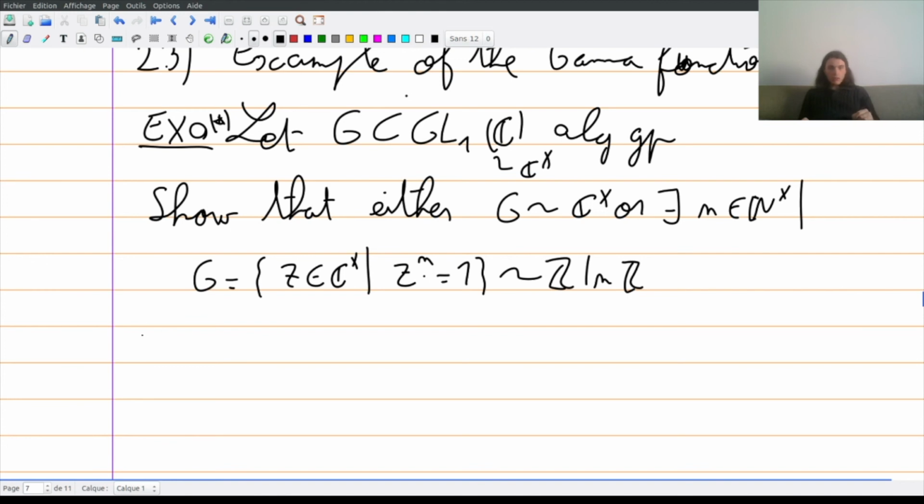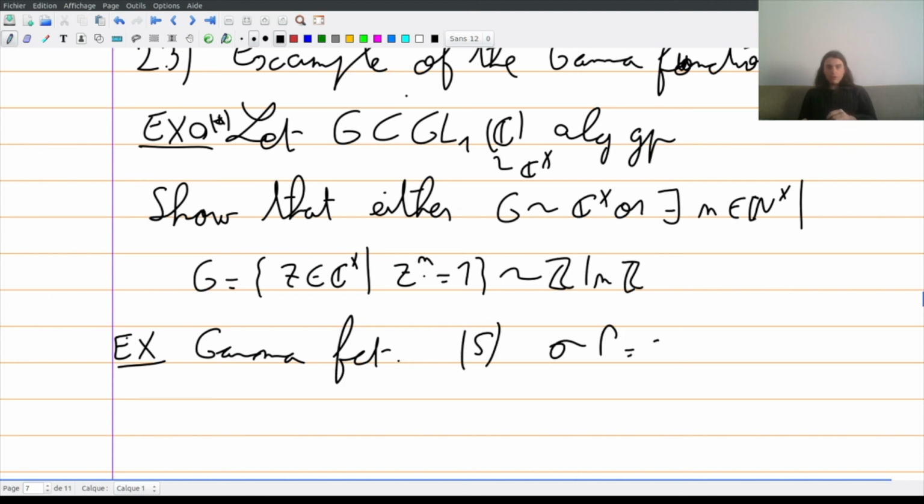And now, as an example, the gamma function. So we are in the framework S, and the gamma function is a solution of this equation.